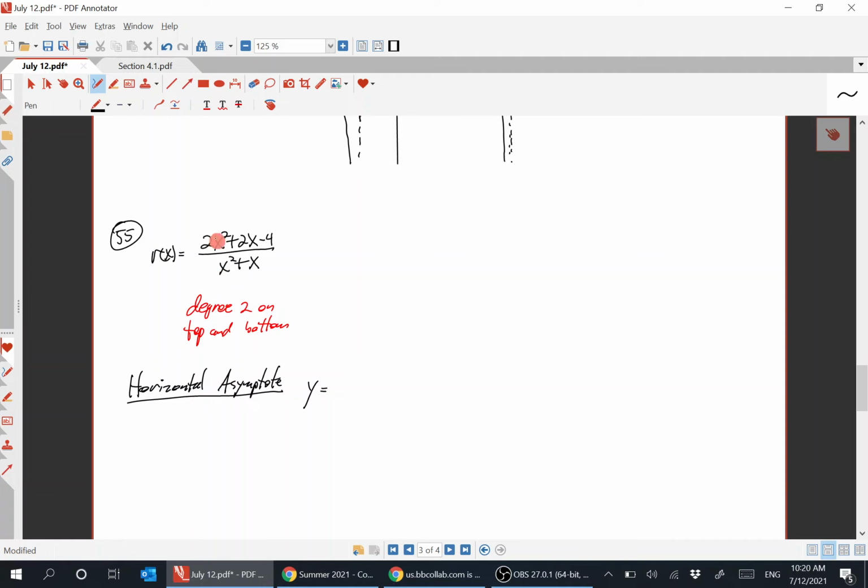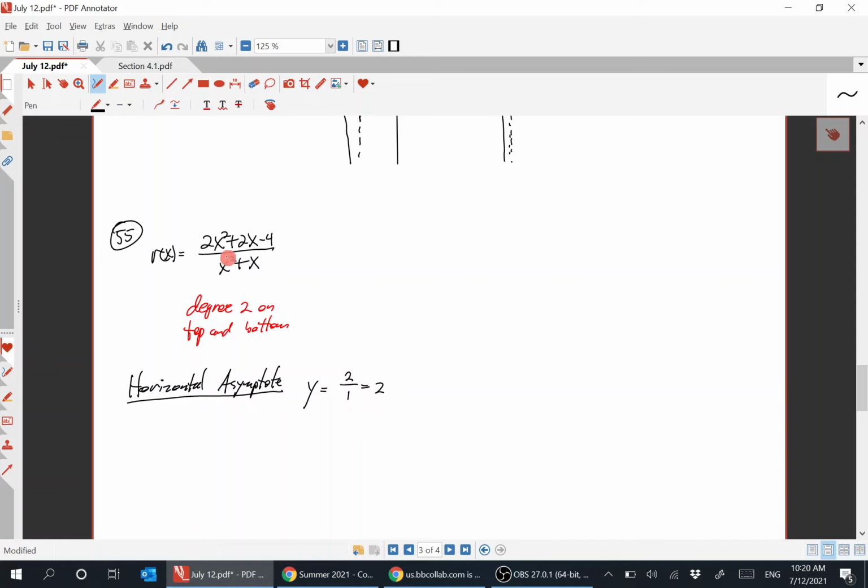You've got a leading coefficient of 2 on the top and 1 on the bottom as coefficients for x squared. You take the ratio of those two things, and that's where your horizontal asymptote is.